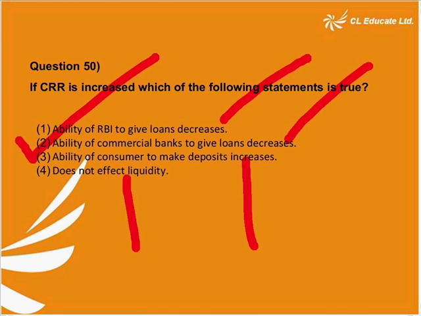Then black revolution is for petroleum. Silver is for egg. And golden revolution is for fruit. The correct answer is option 4, option B.